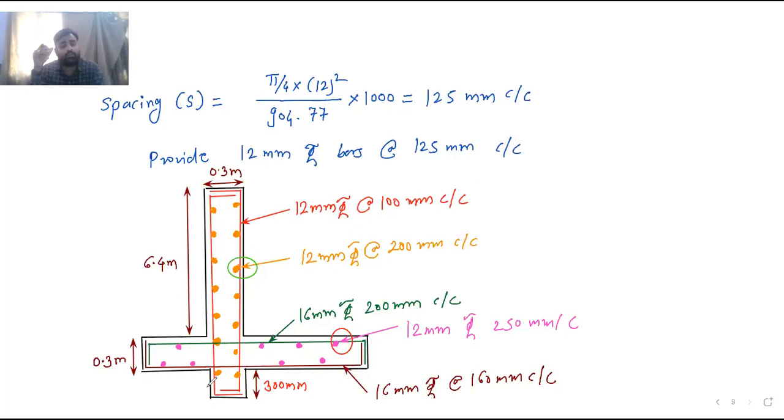Now we will show the reinforcement detail in counterfort also. Now counterfort will be there. Here you can see if you join from here to here, the counterfort will be there. But in this section, it is difficult to show the steel of the counterfort. It will not be visible in this section. Okay, a separate section of the counterfort we will take, and in that I will show you the design.